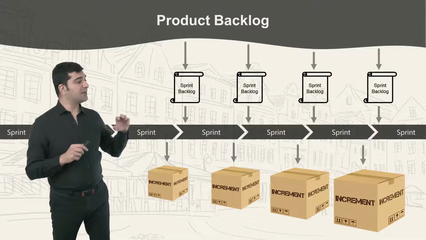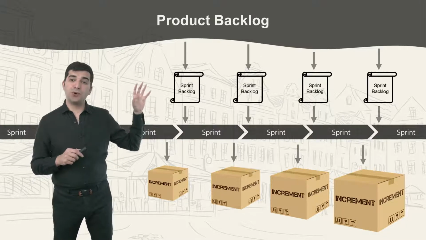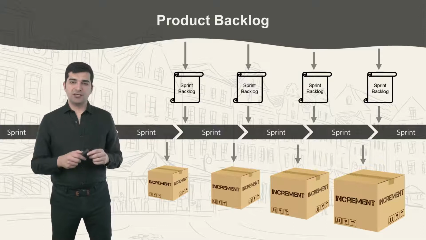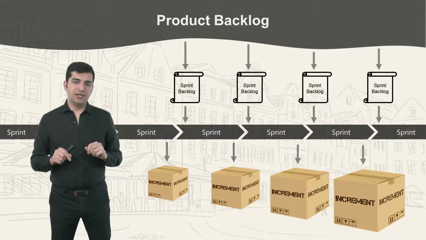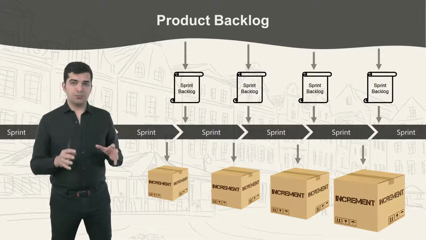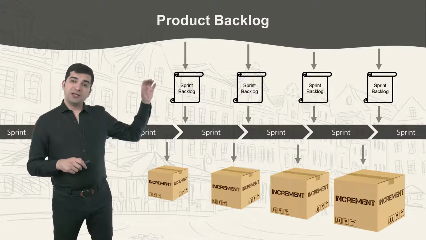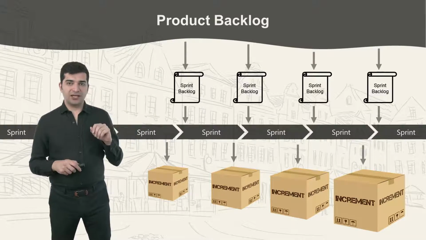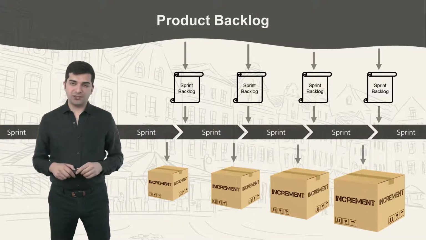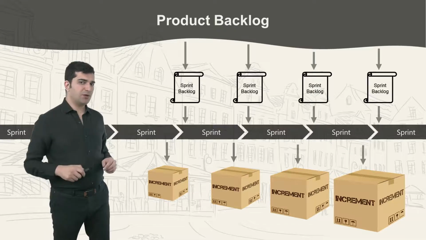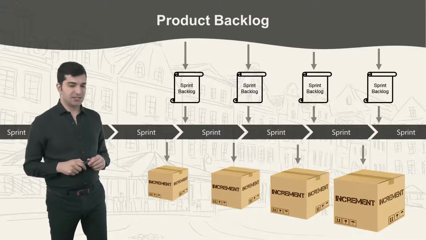So what happens here is that the product backlog is always ordered based on importance, if you will. We will talk about what it means to be important. And for each sprint, we will pick the items from the top of the product backlog, which are the most important items. Okay, we'll talk about all of that more in detail in the next lessons.